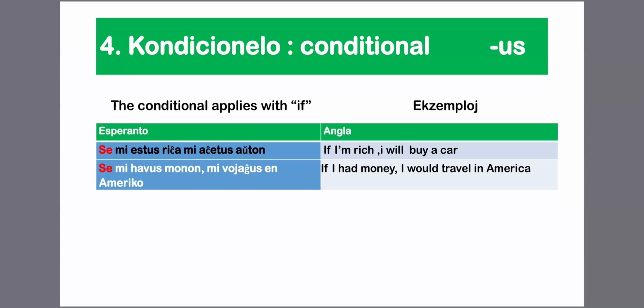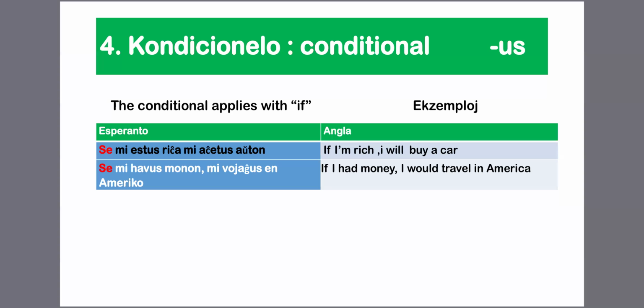Even in French or in English, if you want to pose a condition, you need to use if. You cannot put a condition without putting if. And Esperanto is the same. So, when are you going to use U and S, US?